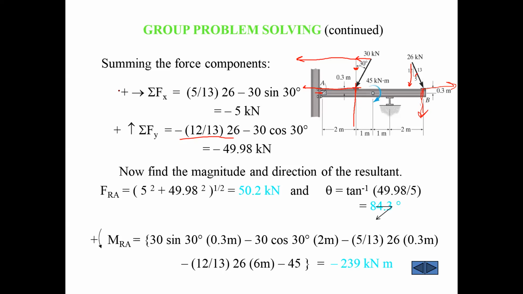The single resultant force is 50.2, so I want where 50.2 is going to act. We have the direction already, but I want you to find it so we can draw it onto the frame. Sir, 1.11.